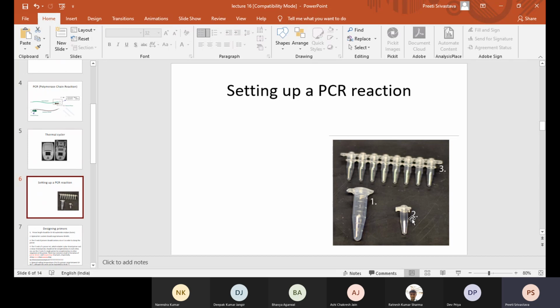But the main important feature of these PCR tubes is that the walls are very, very thin as compared to the conventional microfuge or centrifuge tubes, for the simple reason that in a PCR reaction you have to increase the temperature, then decrease the temperature, and then again increase and then again decrease. In such cases, if the walls are thin, then the transfer of heat is efficient. Right? So therefore these thin walled PCR tubes are used.